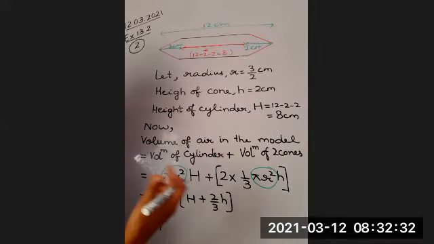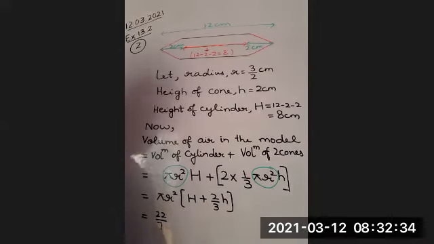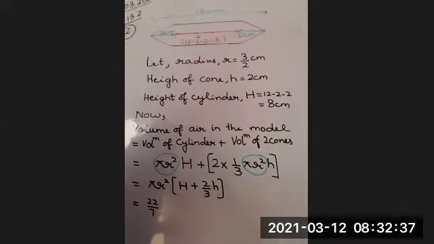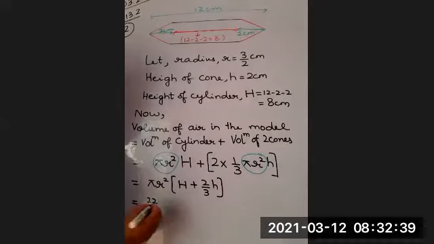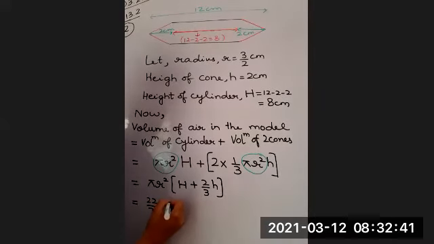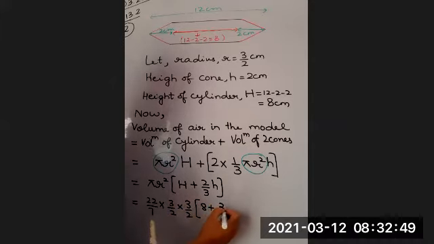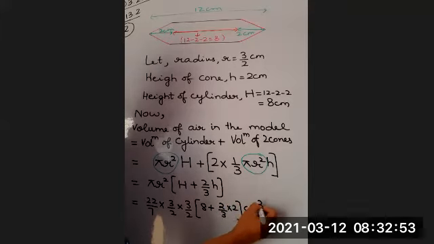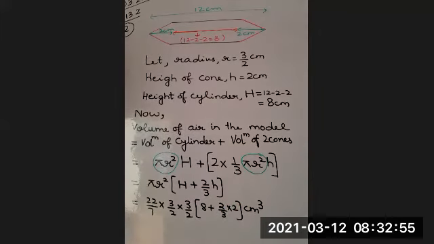If it doesn't work, we will change it to 3.14. Okay, not an issue. So 22 by 7, and then r is 3 by 2 into 3 by 2, into the bracket 8 plus 2 by 3 into 2, centimeter cube outside because we are dealing with volume.